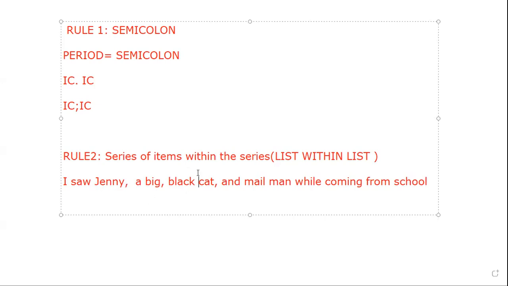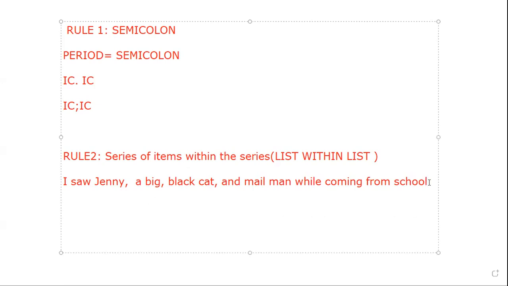So this is what list within list looks like, right? You have a list within the list, you have another set of description happening, and there's a series of words associated with that particular description. Now in this scenario, what will you do? If you have to give more clarity to the reader, because this doesn't look like a list, a big black cat is not actually part of this entire list, right? So how do I differentiate? Very simple.